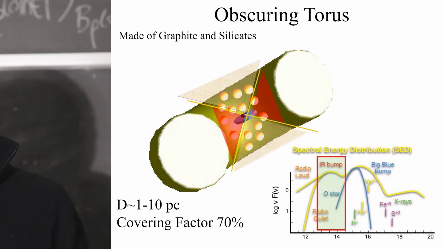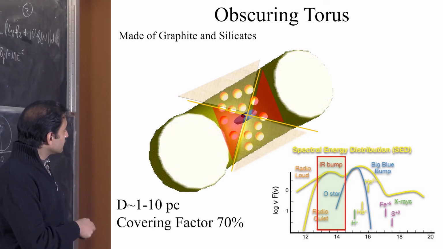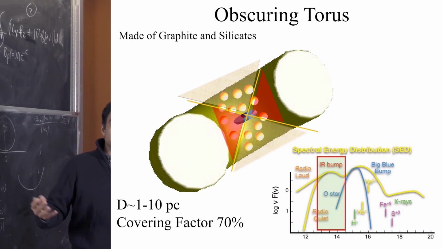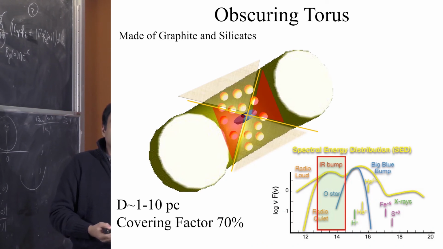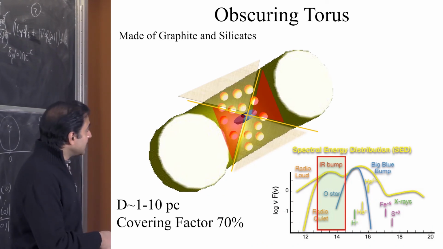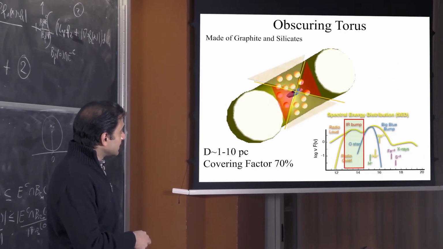What this donut does is absorb part of the light coming from the accretion disk, and it re-radiates it, so it absorbs the light in the UV and re-emits it in the infrared. And this explains the infrared bump. So what happens is that part of this big blue bump light is absorbed and re-emitted in the infrared by the obscuring torus.